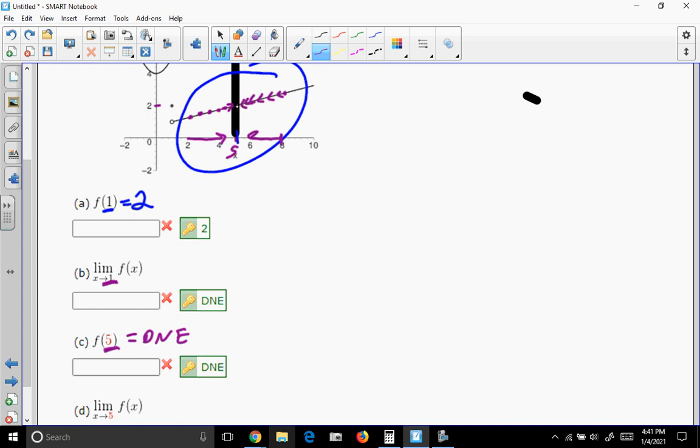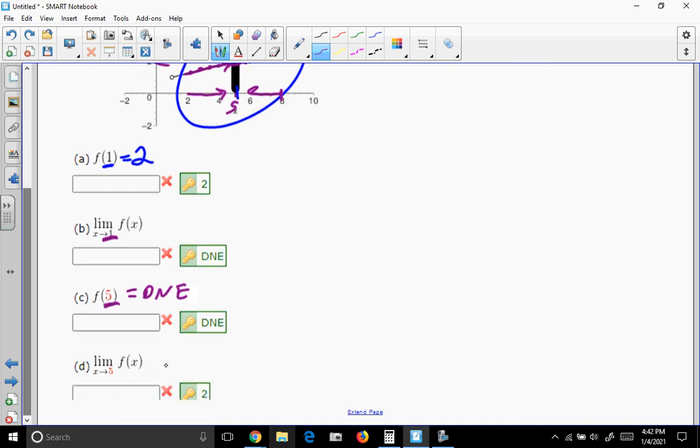Now, we don't know what's happening behind there. We don't know what's behind the curtain, but it appears from looking around it that from the left side and from the right side, we're approaching a y value of 2. So that limit approaches 2.